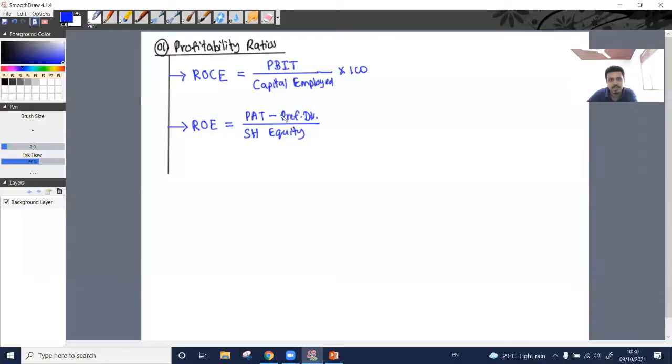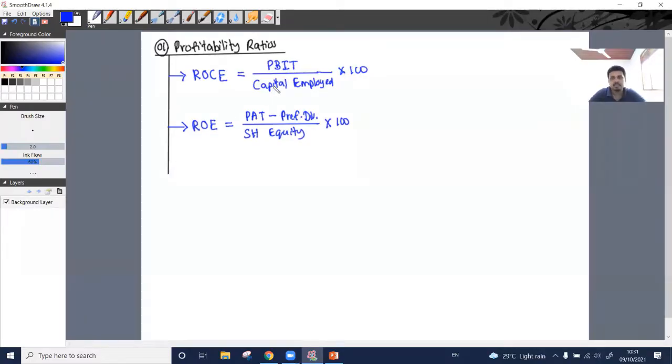From that, we need to deduct preference dividends, divided by shareholders' equity, right? Here we are considering ordinary shareholders. That is the idea of this ratio: the profit earned per year for the ordinary shareholders. If we need to express it as a percentage, we multiply by 100. Return on equity.